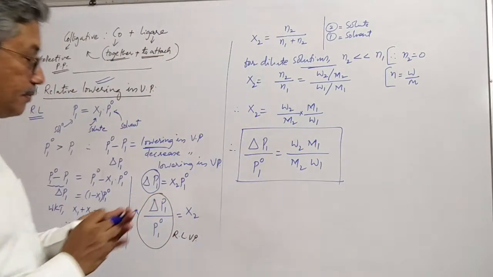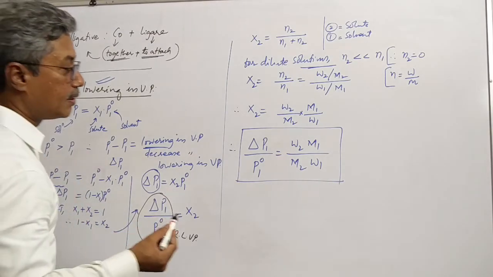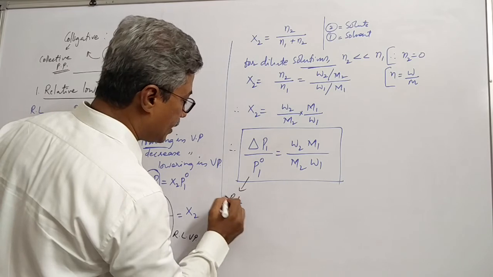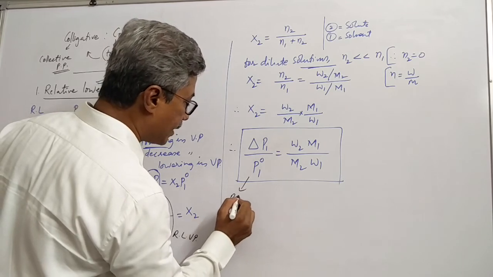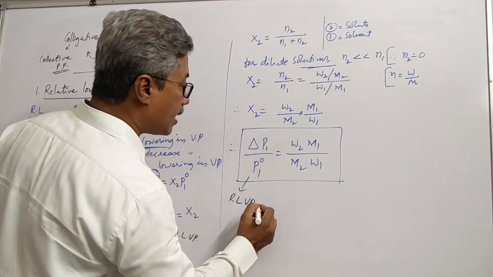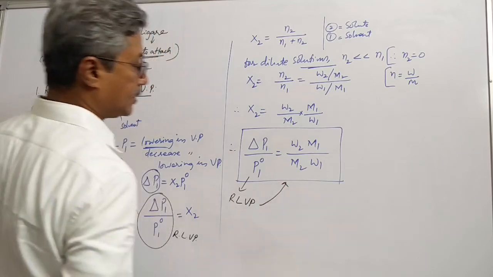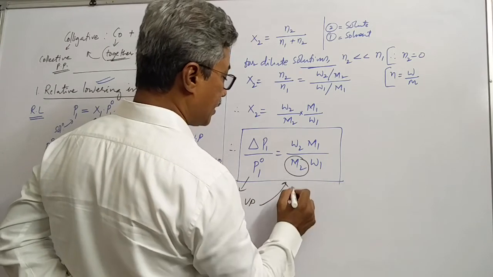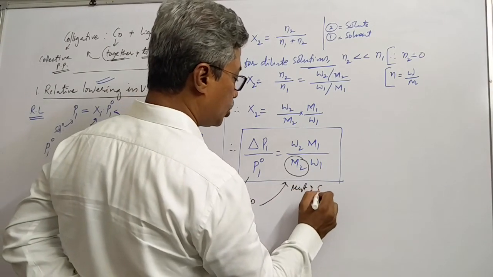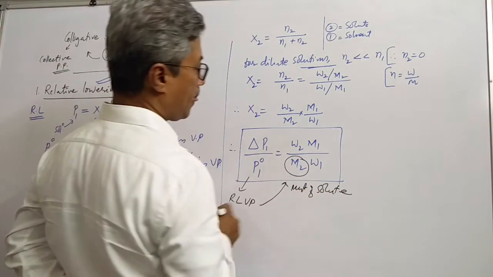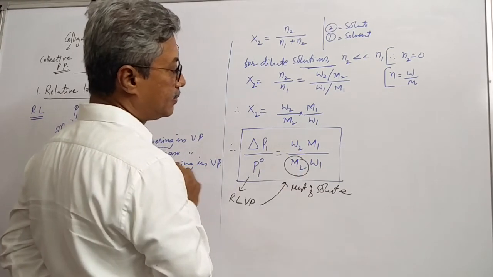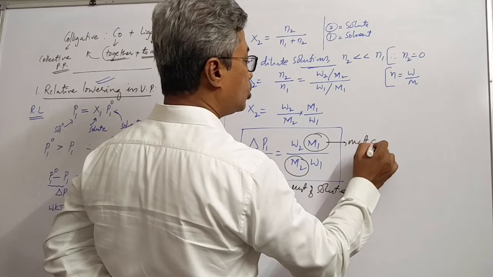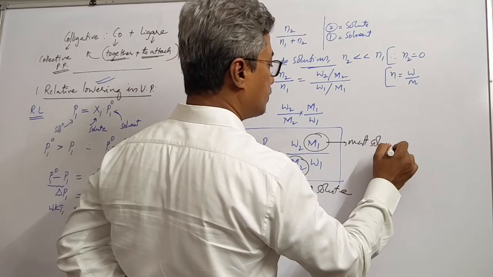Okay. See, students, this relative lowering in vapor pressure helps us to calculate what all? We can calculate molecular weight of solute added by knowing the weight of the solute, and we can calculate molecular weight of the solvent also.